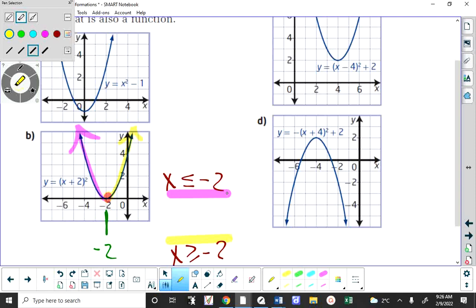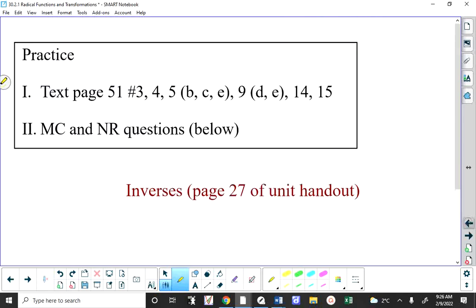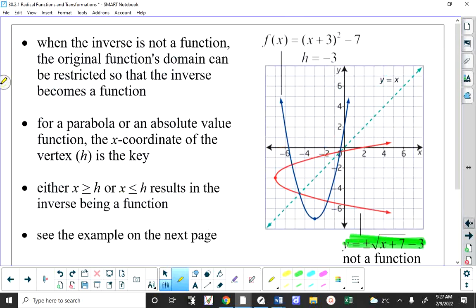So again, in terms of a translation, a parabola, before it's translated with any h and k, has its vertex at the origin. If the vertex is over at negative 2 for x, regardless of where this thing is vertically, if the vertex of this parabola has an x coordinate of negative 2, then h is negative 2. And this goes back to my statement here that for a parabola or for an absolute value function, that's going to be the case.